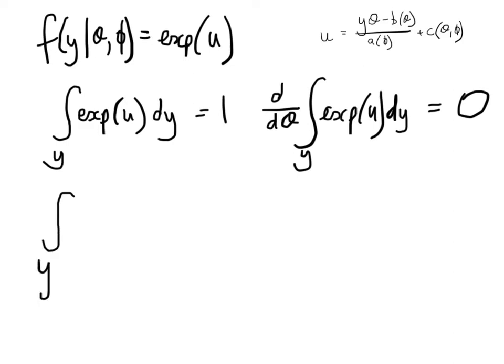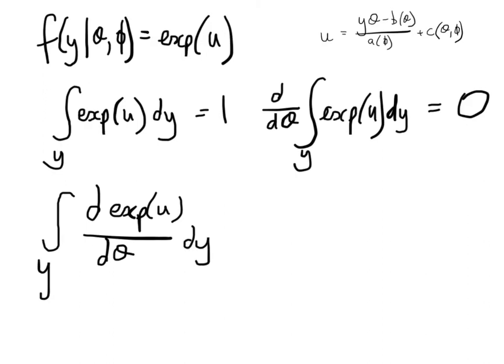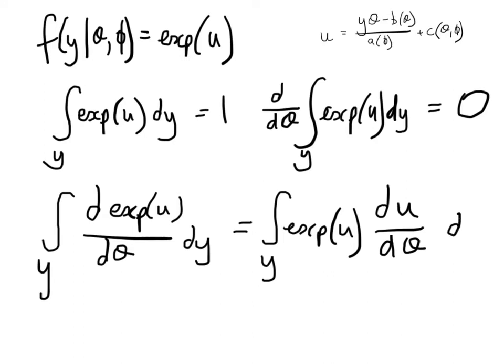So if I instead integrate the differential of exp u with respect to theta, I know that whatever this is equal to 0. And we can use the chain rule here, so we know that what I'm looking at is the integral of exp of u multiplied by the differential of u with respect to theta. And remember here, whenever we talk about u, we're specifically talking about this kernel of the exponential family distribution.